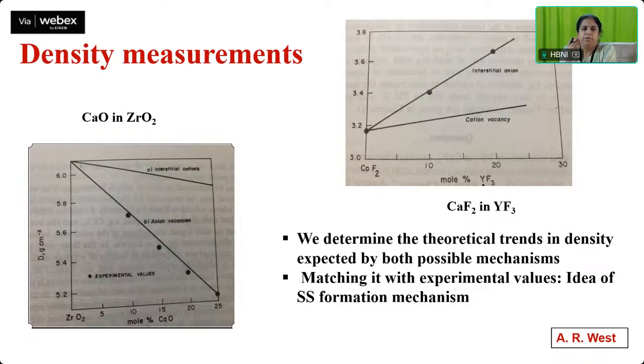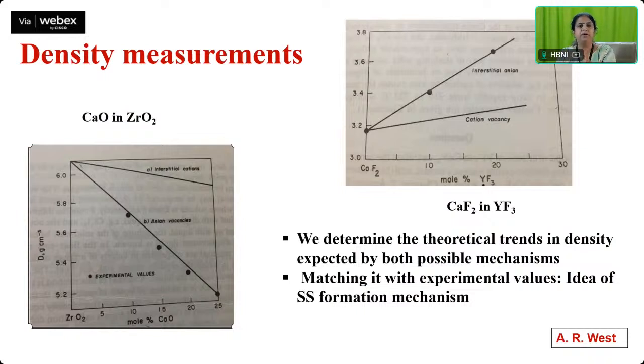Very simple. If you have the density kit with you in the lab, you can determine the density of all the solid solutions that you have formed. Theoretically, you assume that it was forming a cation excess and an anion vacant solid solution, and assuming both, you determine the theoretical density and plot them.